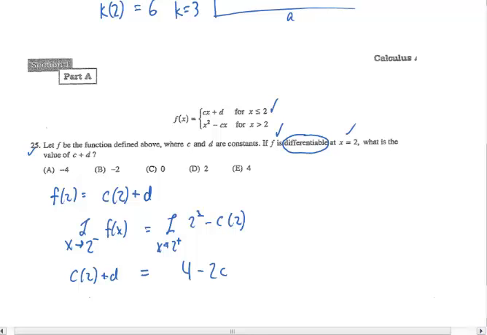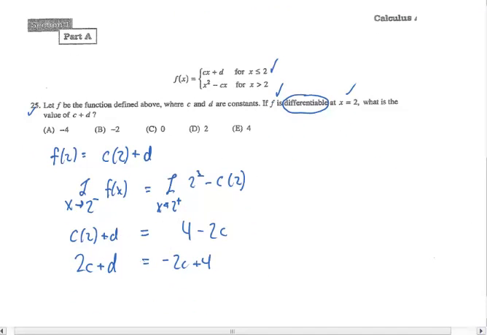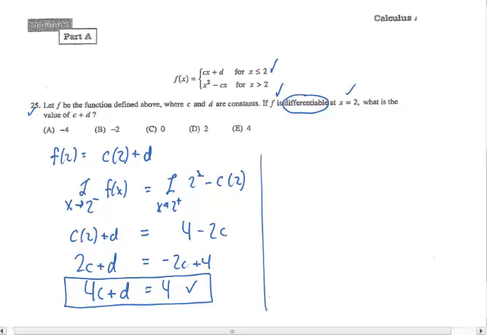So when we do that, we have 2c plus d equals negative 2c plus 4. So now we're in a scenario where we have one equation. We're going to have 4c plus d equal to 4. So this is an equation I'm going to use in a moment, but this equation will make the case for continuity.